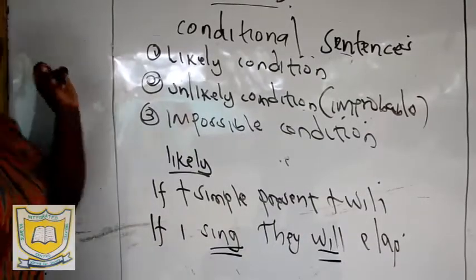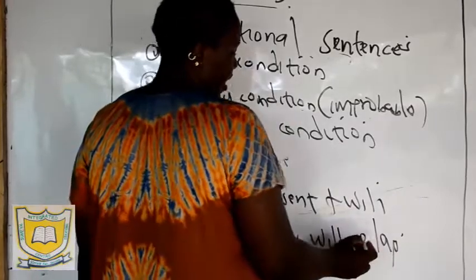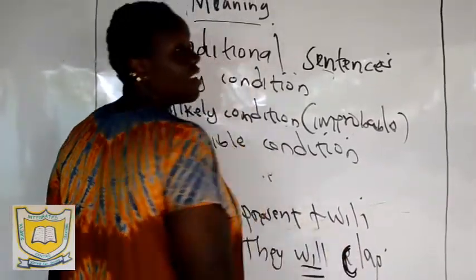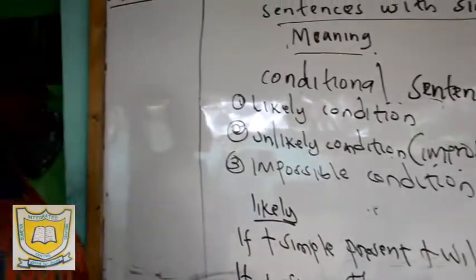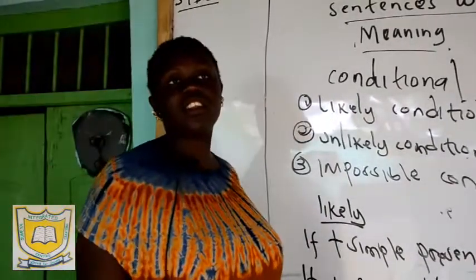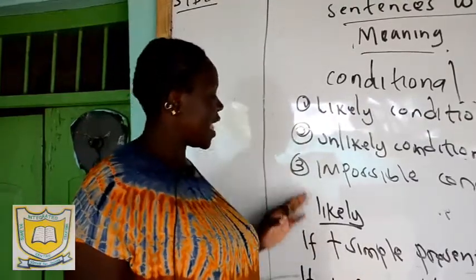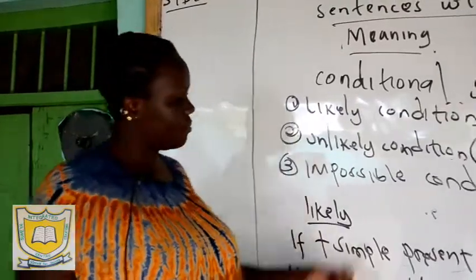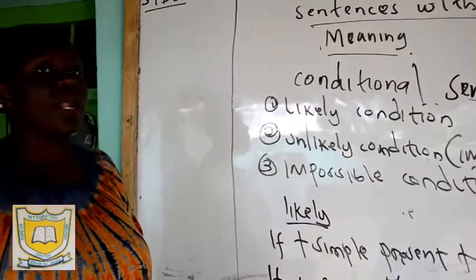If I sing, they will clap. What does this sentence mean? You haven't yet sung, or the action hasn't taken place. That means you don't know what will happen when the action takes place. I said if you use the likely condition, which is if plus a simple present tense plus will, if I sing, they will clap.